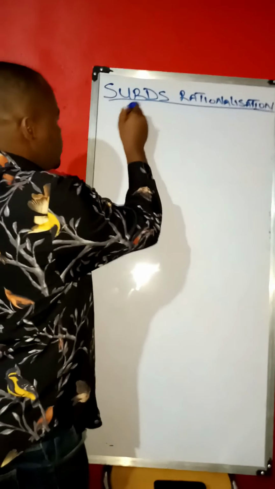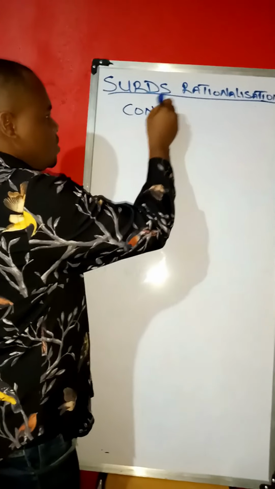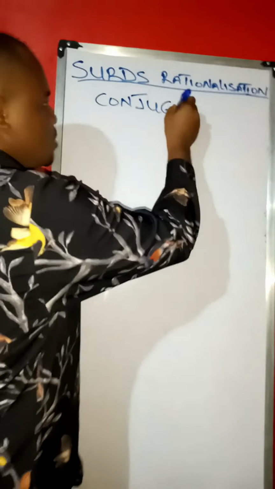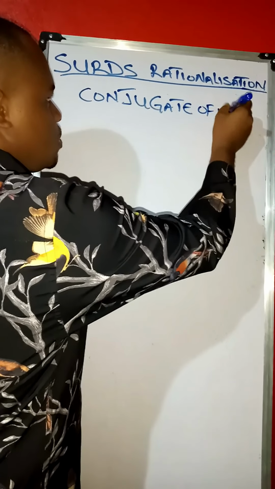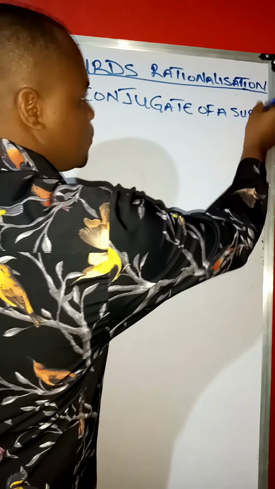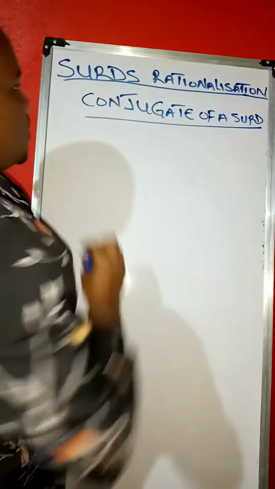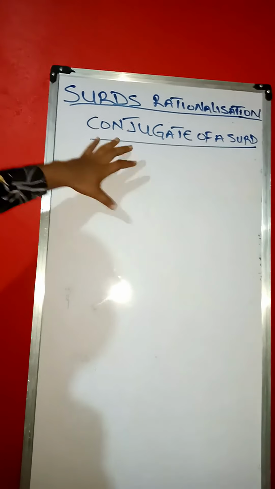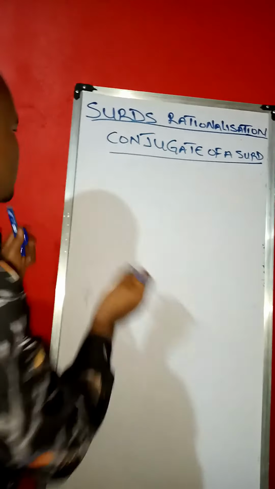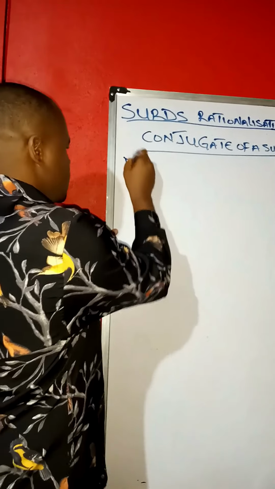Now let's look at conjugate of a surd. The essence why we have a conjugate of a surd, if you remember your difference of two squares, let me draw your mind back to difference of two squares.